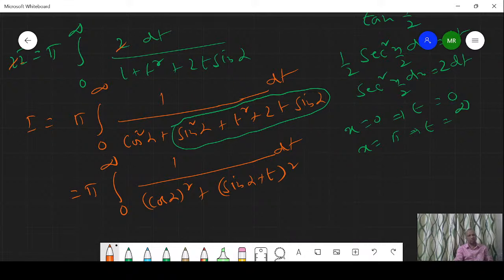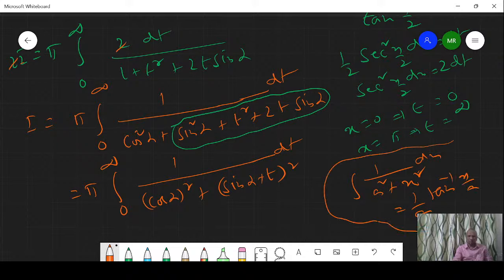But we know that the integral of 1 by a square plus x square dx is 1 by a tan inverse of x by a plus c. So this is the formula. In the place of a we have cos alpha, which is a constant.